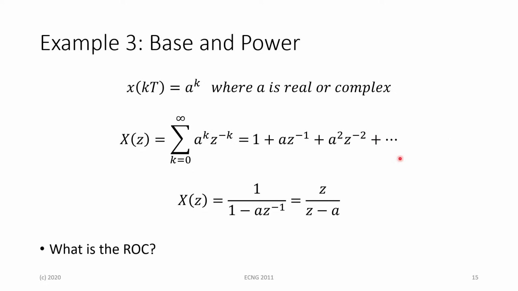If we apply this to the geometric progression formula that I wrote on a few slides before, we get X of z converging to the general equation 1 divided by 1 minus a z to the negative 1. We can convert this from negative powers of z to positive powers of z. In determining the region of convergence here, because we have positive powers of z, we need the modulus of z minus a to be more than 0.